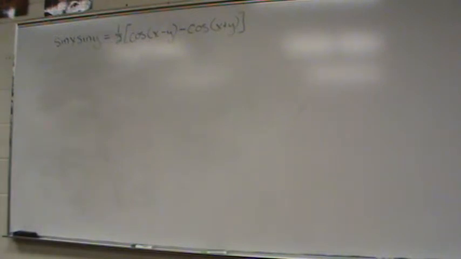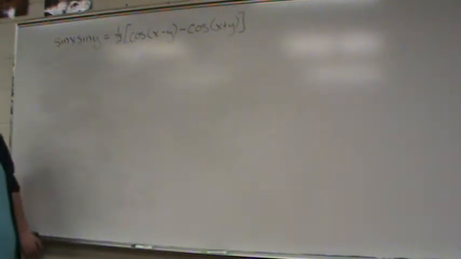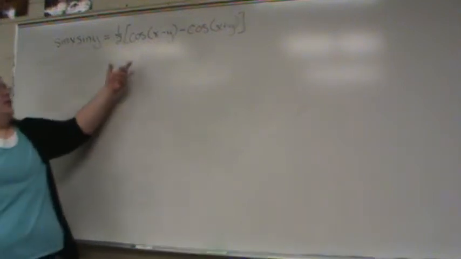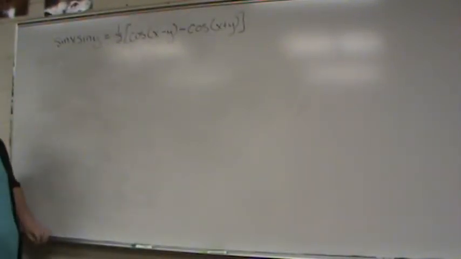You guys should recognize that this is moving into 9.2, our addition and subtraction identities. We're going to start with the right-hand side, and we're going to show that that equals the left-hand side.